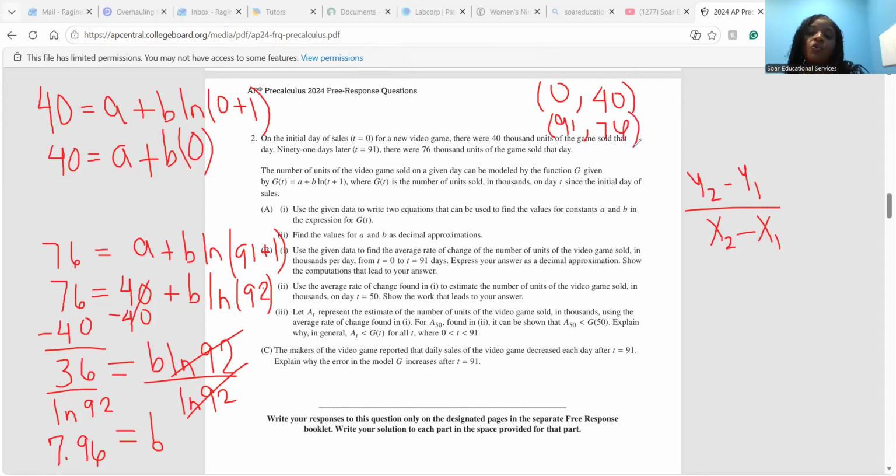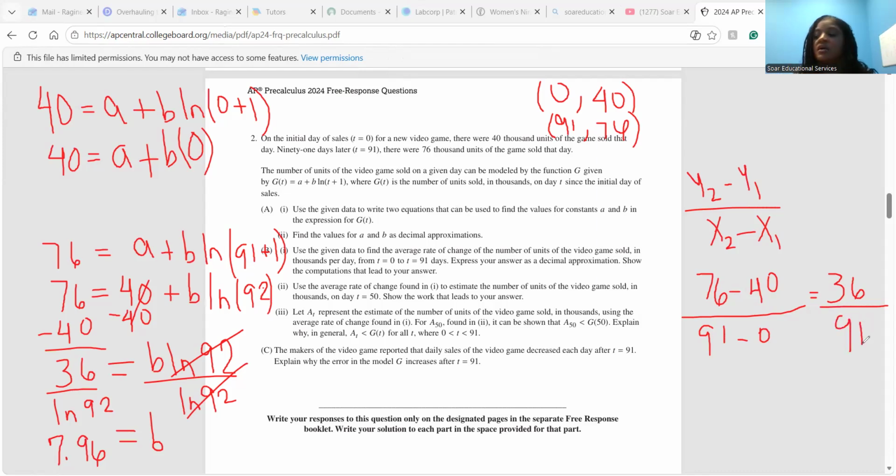So Y2 minus Y1 is 76 minus 40, and X2 minus X1 is 91 minus 0. That is 36 over 91. So our slope from day 0 to day 91 is 36 over 91.